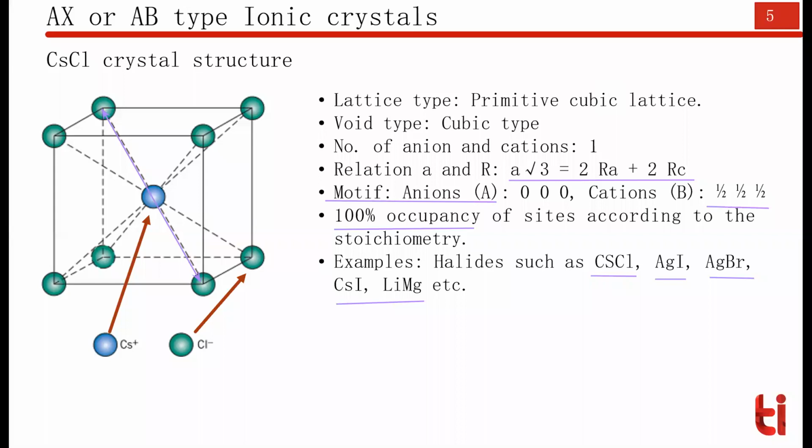Some students might be confused about why we are calling it the cubic cell and not the body centered cubic. Remember, for the body centered cubic, the corner atom and the body center atom have to be the same. In an AB type structure, your corner and the body center atom are not the same. That is why it is not a body centered unit cell.